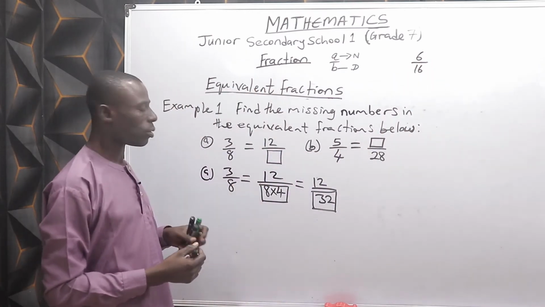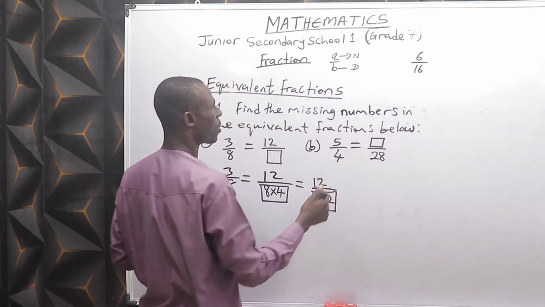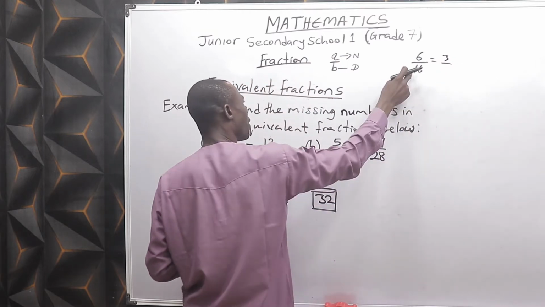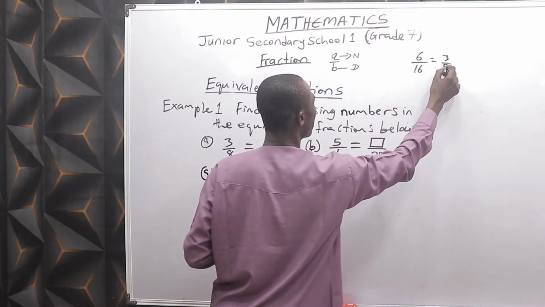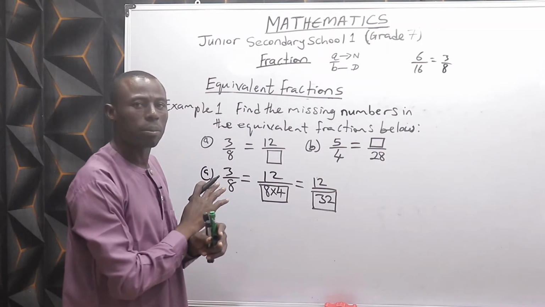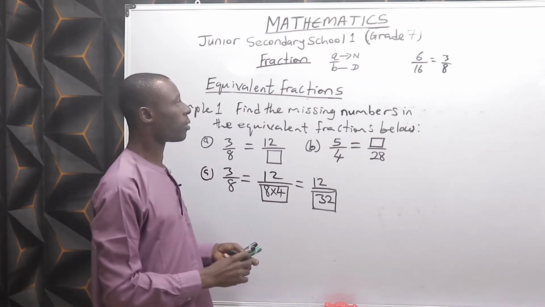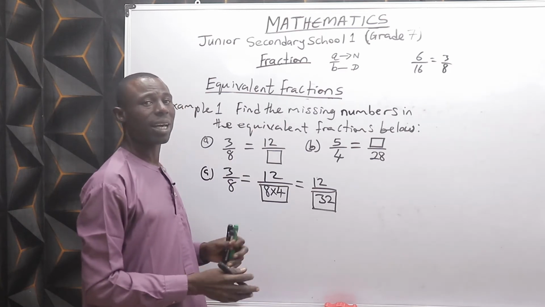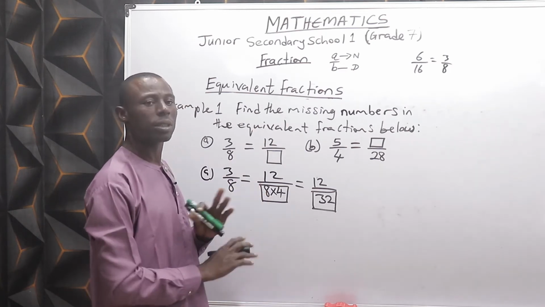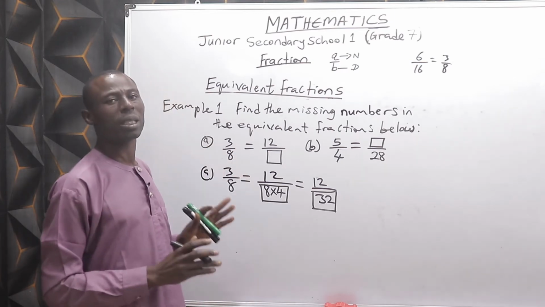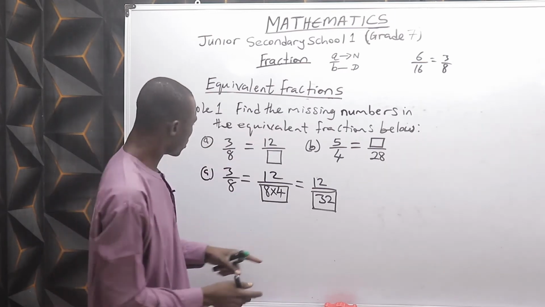Use 2 again to divide the 6, so you have 3. Use 2 to divide 16, you have 8. And that is the least form of that number we can have, which is 3 over 8. That is the minimum. You have reduced it to the lowest term it could be.